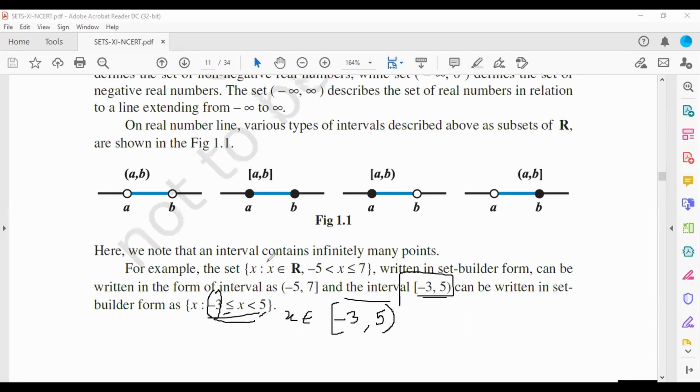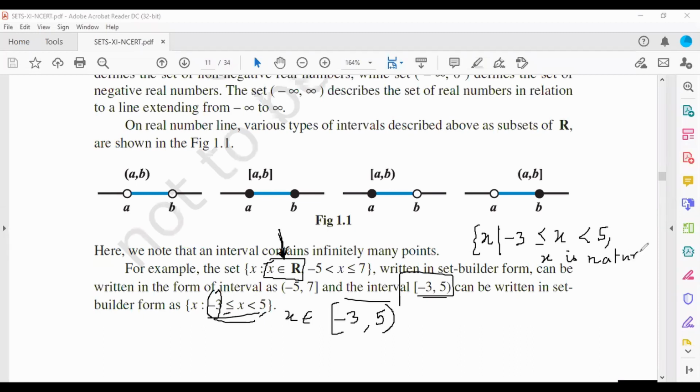All of you should focus: this is the method only when real numbers are discussed. Now take x greater than or equal to -3 and less than 5, but x is a natural number. Look at the qualifier.